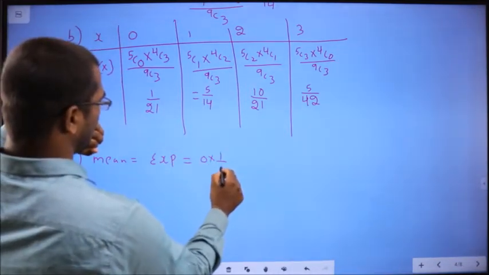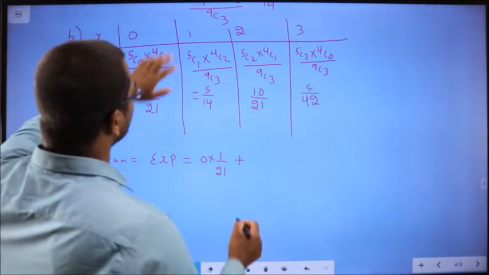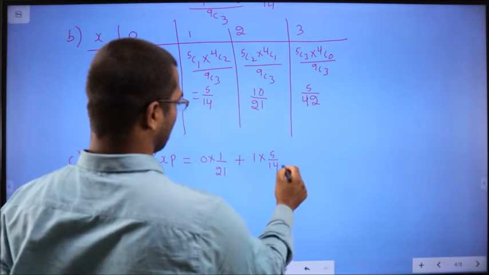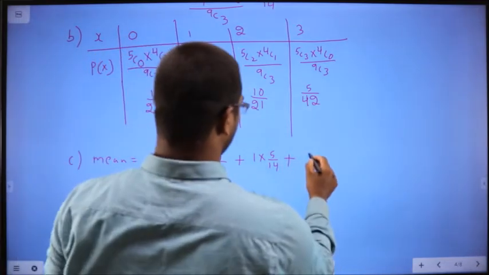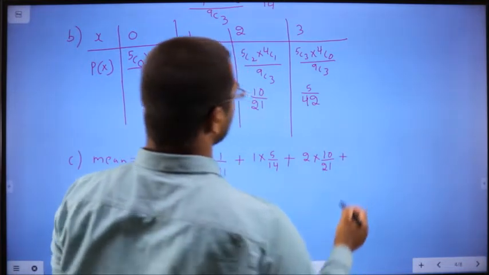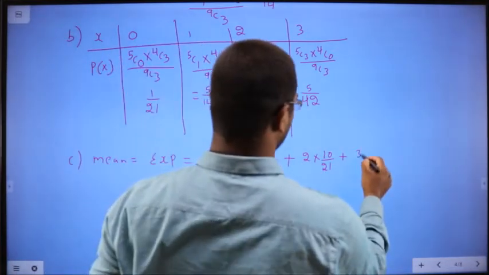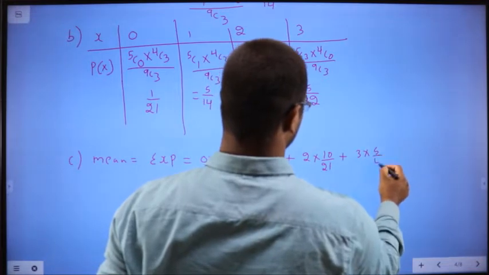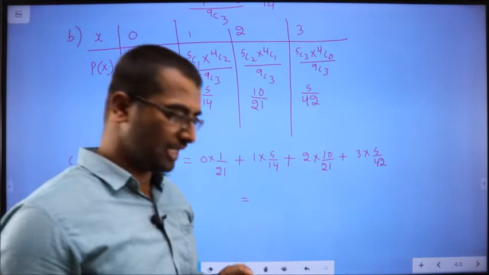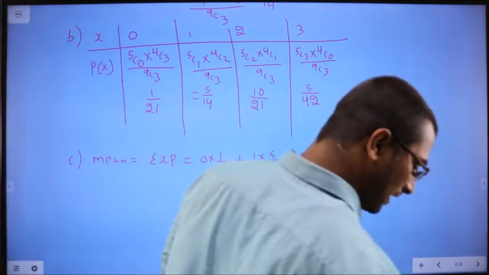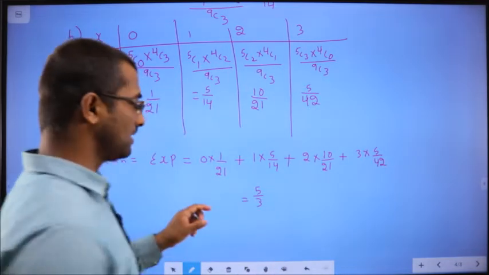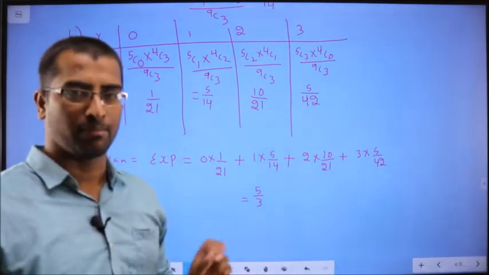So 0 into 1 by 21 plus 1 into 5 by 14 plus 2 into 10 by 21 plus 3 into 5 by 42. So put this at once in the calculator. You get the answer to be 5 by 3. Okay. This is the expectation or mean.